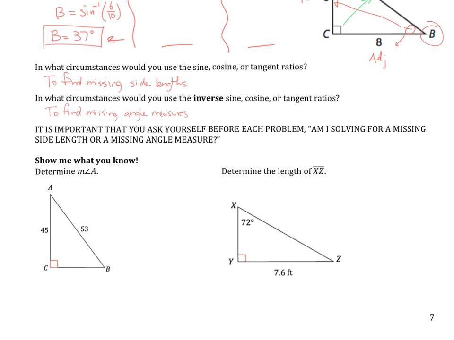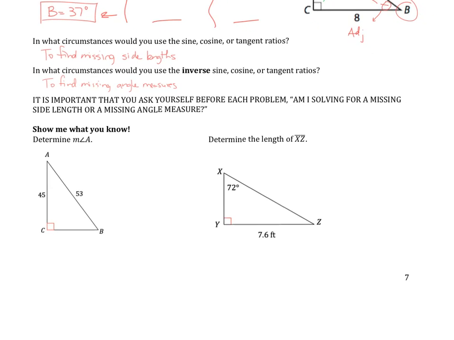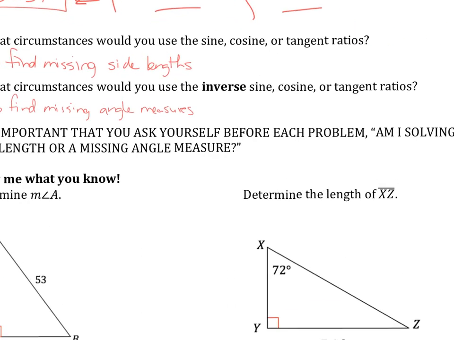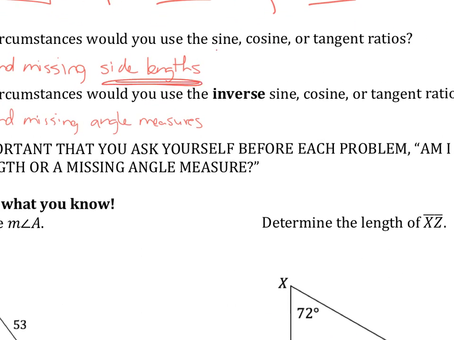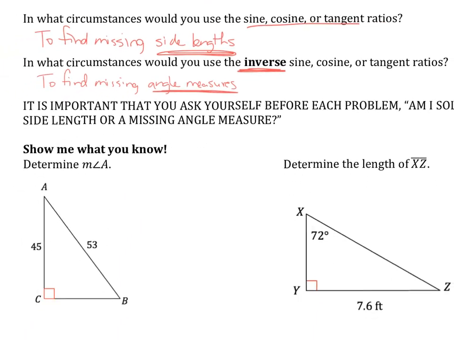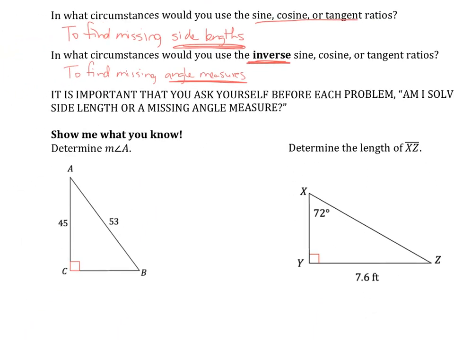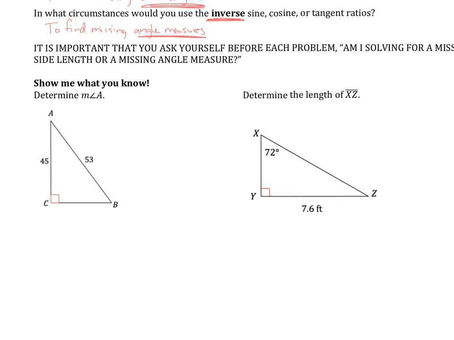Again, it's important before each problem to ask: am I finding a side length or a missing angle measure? Because that'll help you determine which one you're going to use. If you're trying to find side lengths, then you're going to use sine, cosine, and tangent. If you're finding angle measures, you're going to want to use the inverses. So it all depends on what the problem asks you for. You have to analyze your problem and figure out what you're looking for.